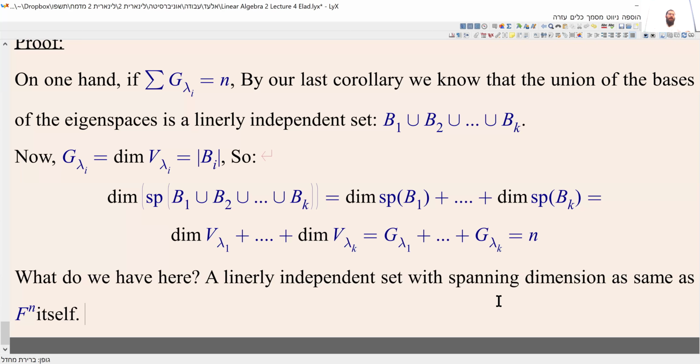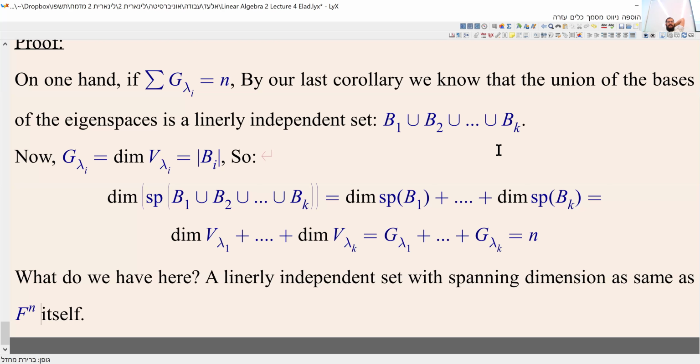I don't know what it is called in English, but we have a theorem. In Hebrew, I call it "the third one is free." That's one. 2 plus 1. Okay, it's a good name. Any 2 out of the 3 following conditions always gives us the third one. If a set is linearly independent, if a set is spanning the space, and if a set has the number of elements as the dimension of the space.